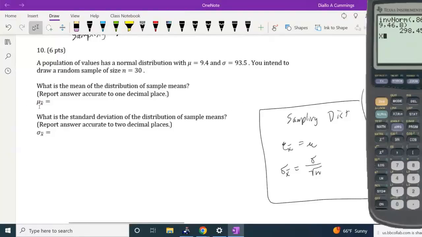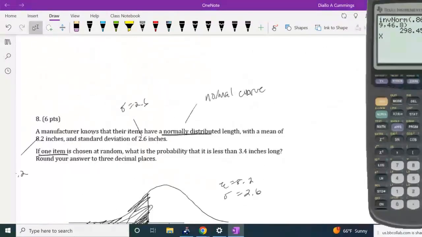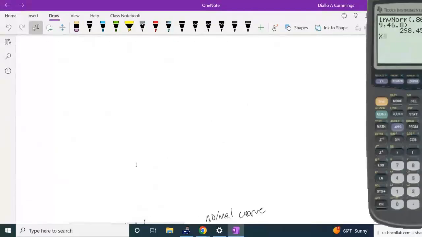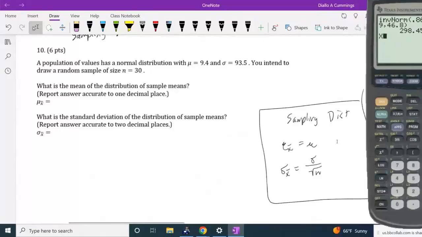So when you're taking your test, this is like the only question on here that wants you to find the sampling distribution mean. Notice how this mean has this subscript attached to it. The rest of the problems, you don't see that. You just see mean, you just see standard deviation, right? This is actually the notation for a sampling distribution.